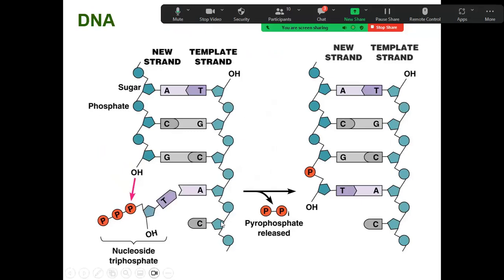So DNA replication just uses one strand as a template to make the other strand. So this C, there's a C here, it'll add a G. This is an A here, it'll add a T. And this is trying to show you that nucleotide triphosphates are added. And then this bond here is broken, and that's a high energy bond that releases the energy needed for this T to be added to this newly synthesized strand of DNA.